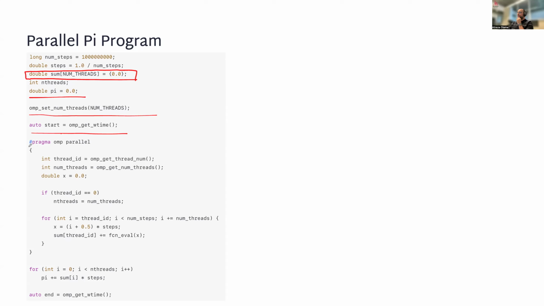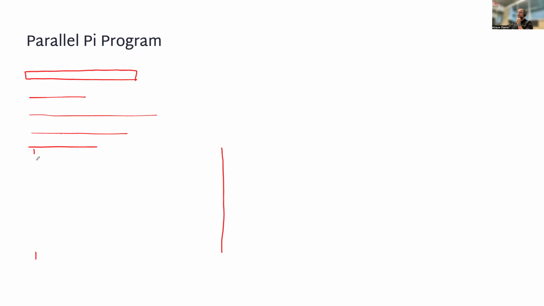And we can do it using this pragma omp parallel within this block. So anything that runs in this block runs in parallel, right? Because OpenMP creates a team of threads with this number of threads, and then each thread will execute this block independently.